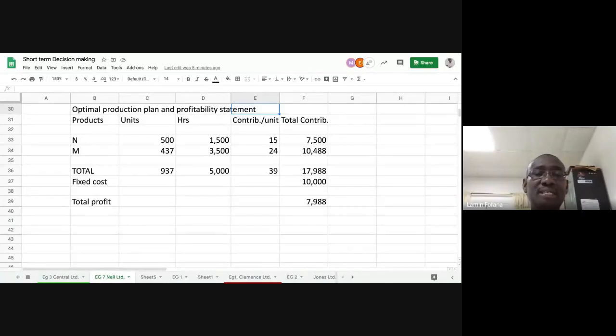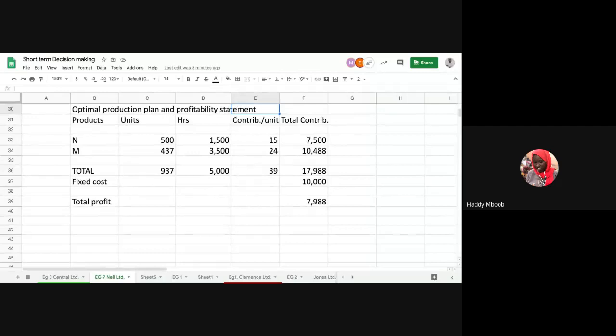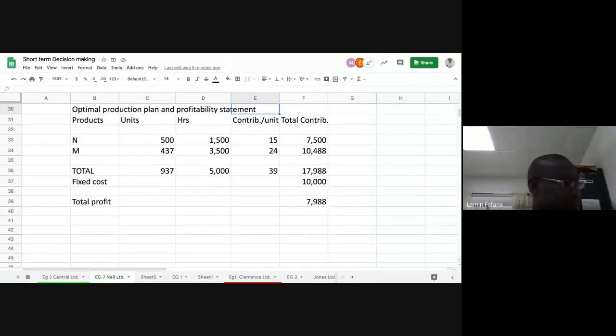The customer places an order. We can produce only 437 in-house. What can we do with the remaining? Are we going to turn the customer down? What can we do, class? We can think of other avenues to get it for them. What will be at least one of those avenues?